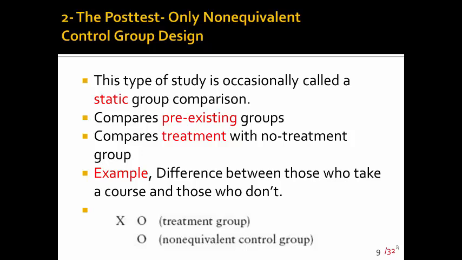So for example, if you have a group of participants, one group takes a specific course and the other one doesn't take that course, and then you give them a post-test and one group performs better than the other one, the difference in post-test is not necessarily attributed to the difference in treatment. Perhaps the two groups were initially different and that's why they also were different in the post-test.